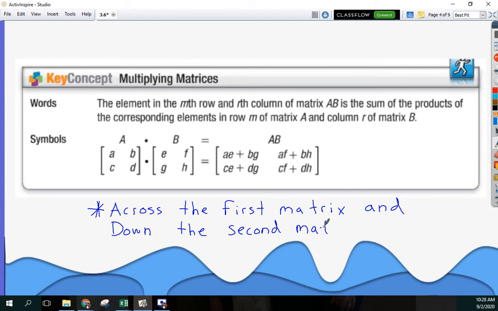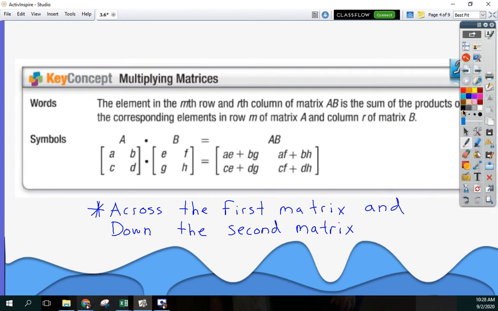So across the first, down the second. I'm going to repeat that a lot because that's what we're looking for every single time that we multiply. Notice here we have a 2 by 2 times a 2 by 2. So my inner dimensions are the same because they're both 2.